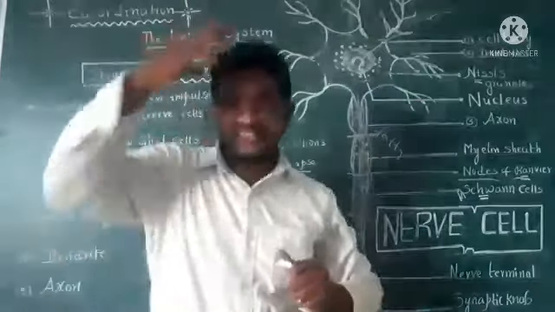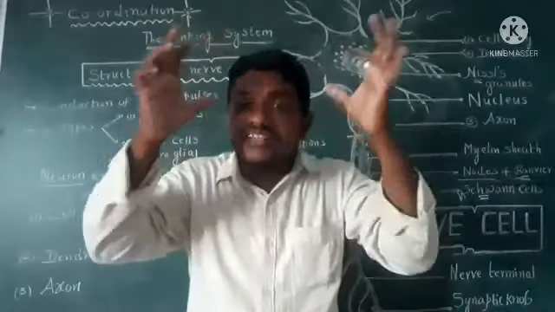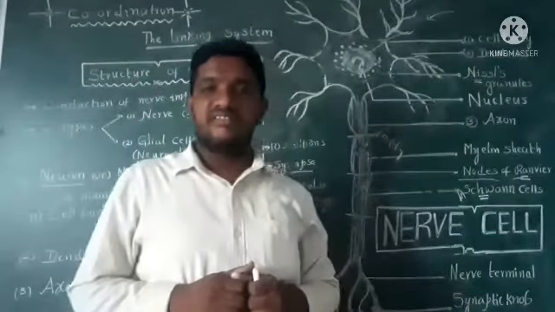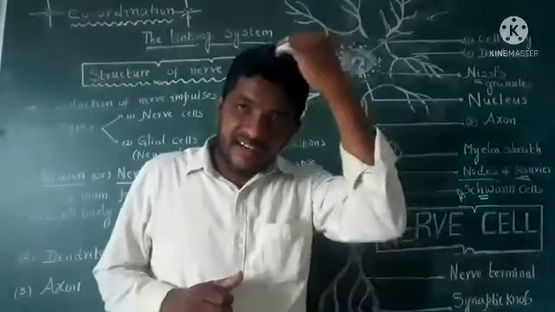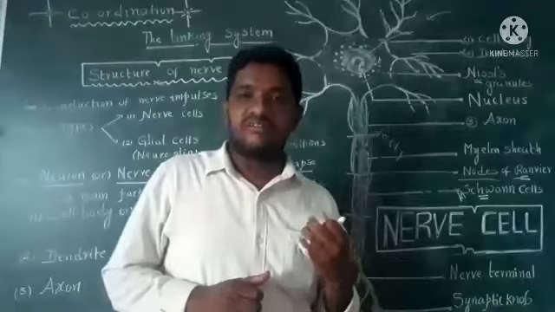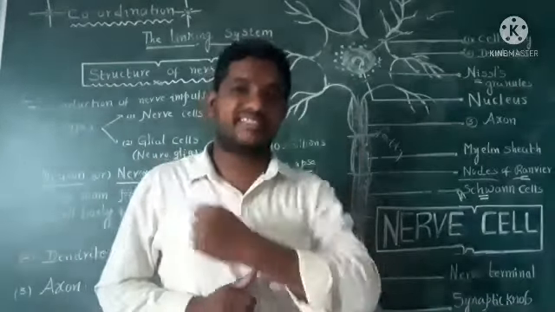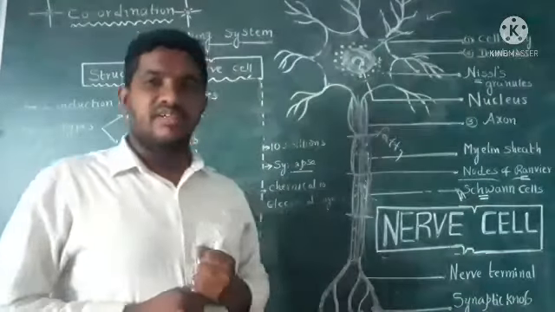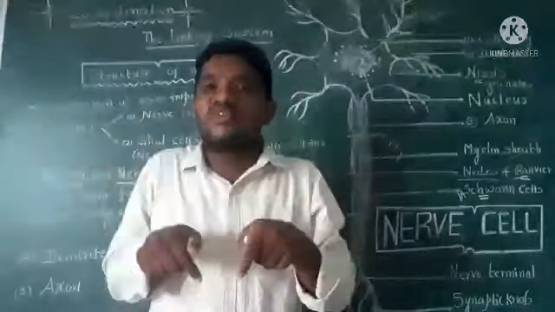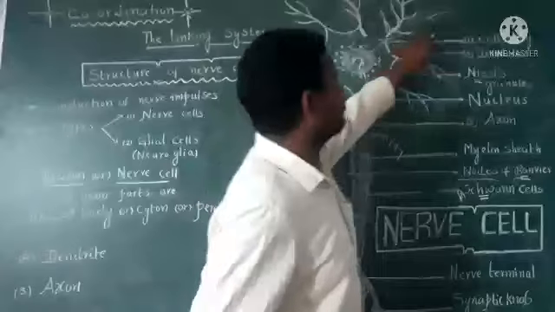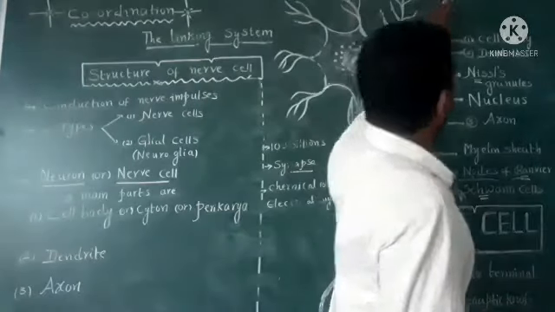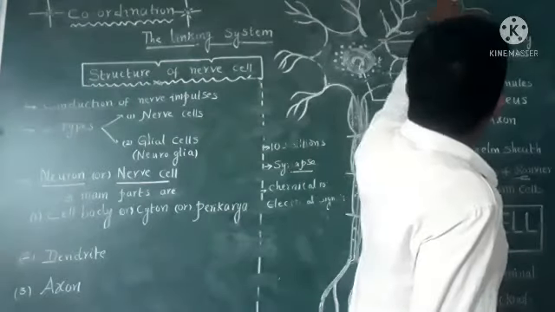The brain consists of nearly 100 billion neurons. The brain as well as the spinal cord have a large number of nerve cells. The gap between two neurons is called a synapse. See, this is one neuron, and here is one more neuron.